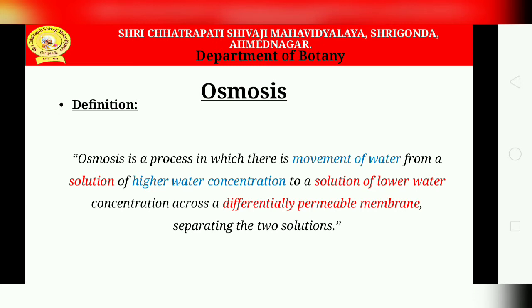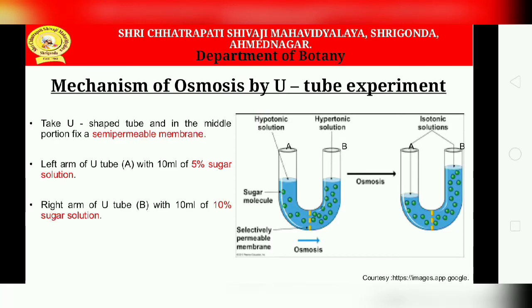Now we come to know the clear picture about the mechanism of osmosis by the U-tube experiment. Take a U-shaped tube and in the middle portion fix a semi-permeable membrane.